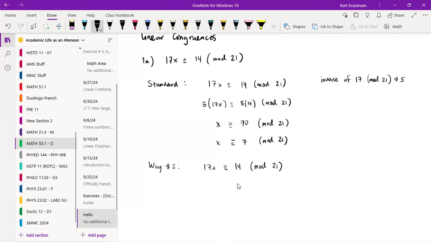And how would I do that? So I can subtract the left side by 21x. We're okay doing that since it's a multiple of 21 anyway. So this becomes negative 4x congruent to 14 mod 21.